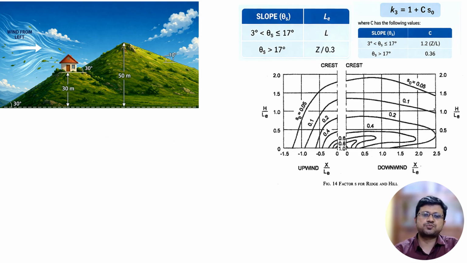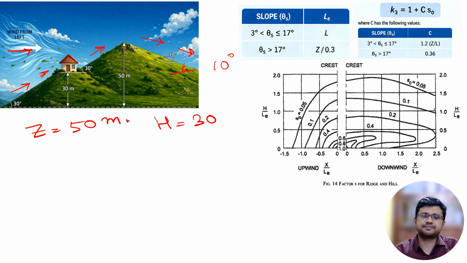Now suppose for this problem, if wind is coming from left, then this will be the upwind slope and this will be the downwind slope. The upwind slope is 30 degree and the downwind slope is 10 degree. And the Z value is 50 meter, the height of the topographic feature. And for our building, H equals 30 meter.